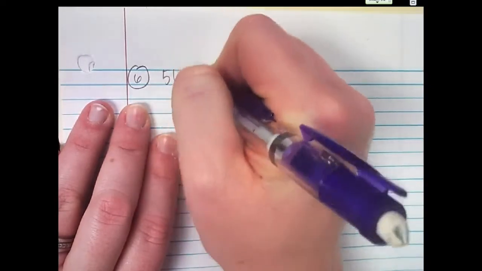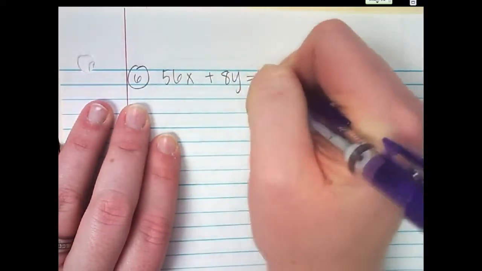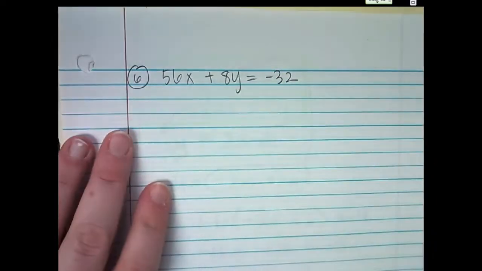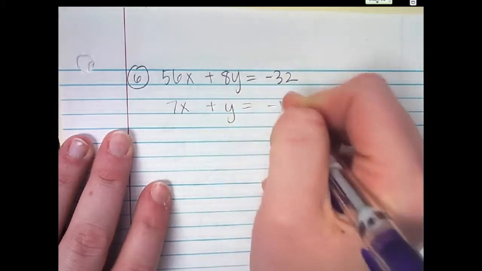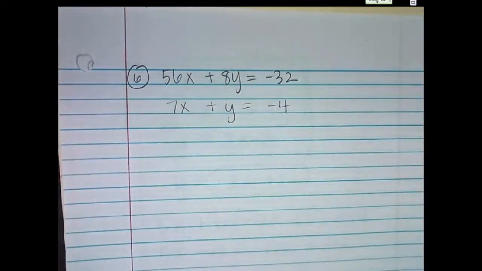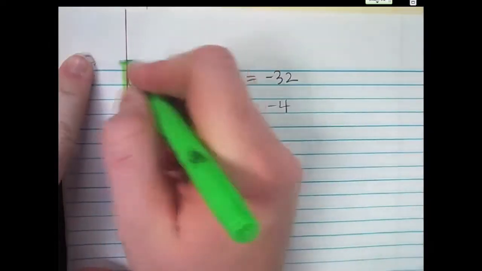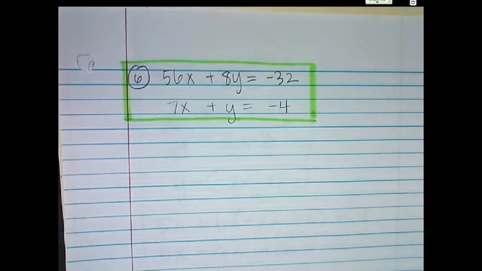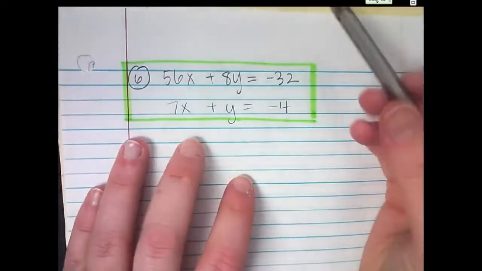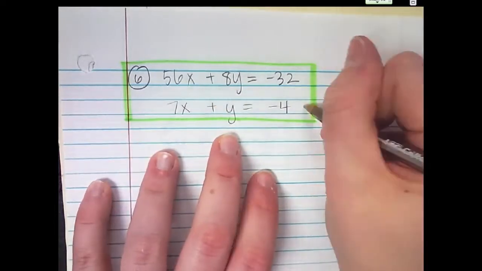All right, last one, number 6. 56x plus 8y equals negative 32. And 7x plus y equals negative 4. Okay, so I see this y by itself, so this is the one I want to get by itself.